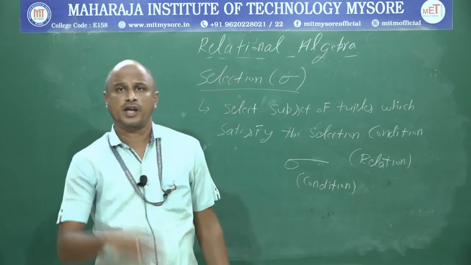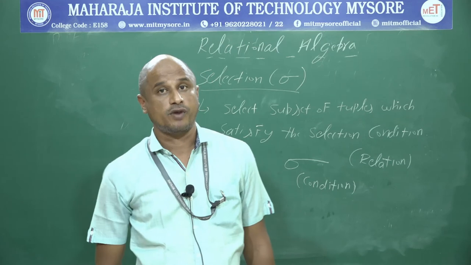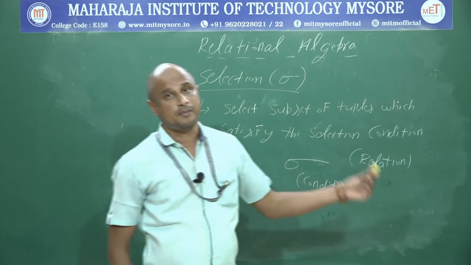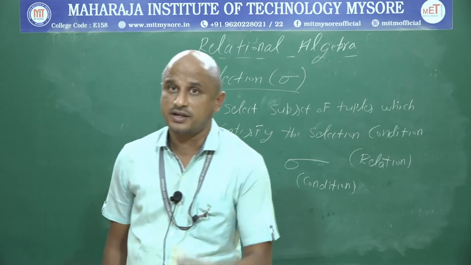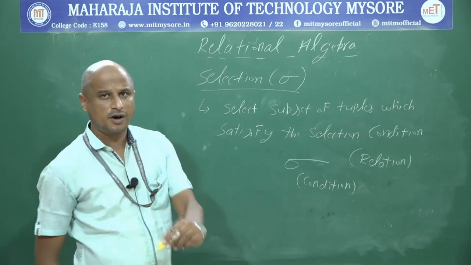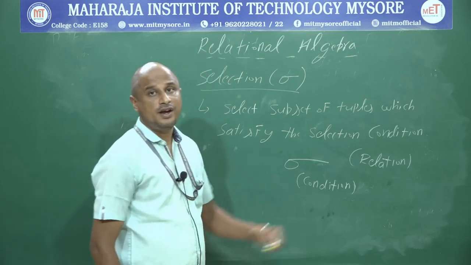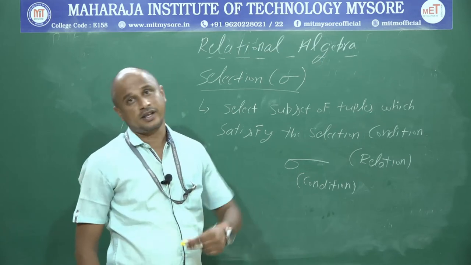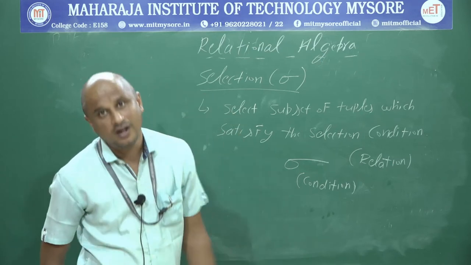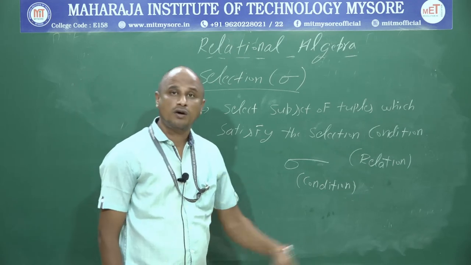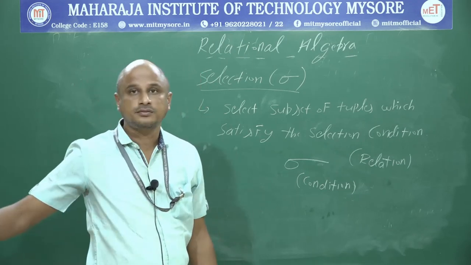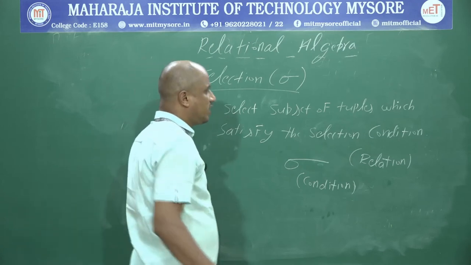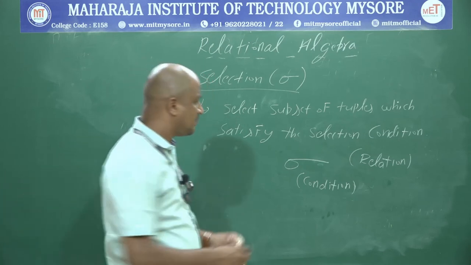Previously I talked about the employee database, our company database. There is an employee, a department, a works on, a project, and a dependent table, right? I'll take a small example from that database, because it is a good example for giving all the queries in DBMS. Here I'll take two tables: employee and department.